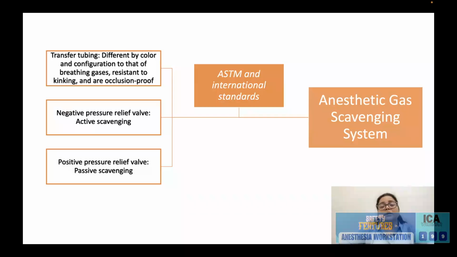In the active system, when we are doing active scavenging, it uses a fan or a pump in the disposal system, which draws the anesthetic gases, and this pump system can develop very high pressure and can be used with narrow tubing. So whenever we are using active scavenging, it is mandatory to have a mechanism to protect the patient against negative pressure.